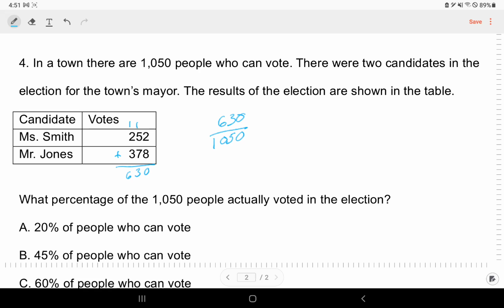Okay, from here, now again, this is me, I would divide by 10, which gives me 63 over 105.